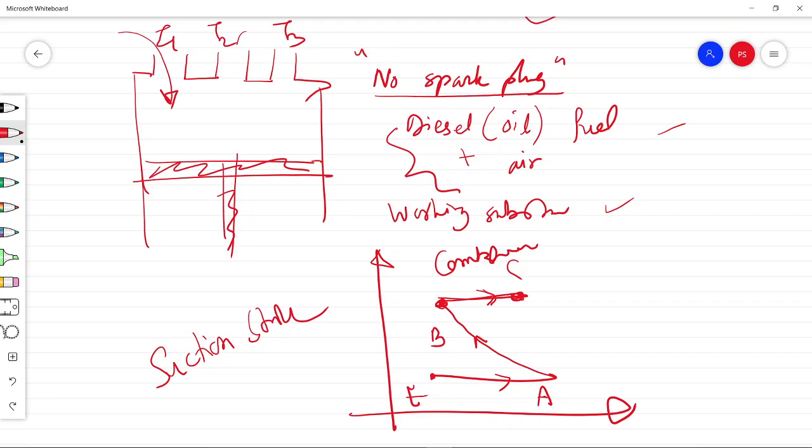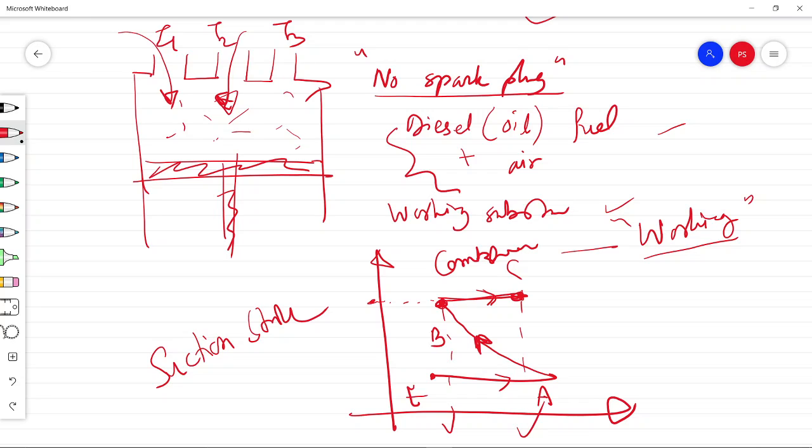So the valve I2 is opened so that fuel enters inside, and the compression causes a rise in temperature so high that it gets burned on its own. The pressure is maintained constant in this process, and due to the burning process the temperature rises further, and it causes the combustion as well as the working of this engine, that is the motion of the piston as the volume rises from a lower value to a higher value.